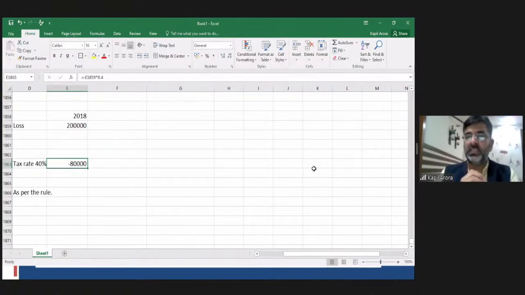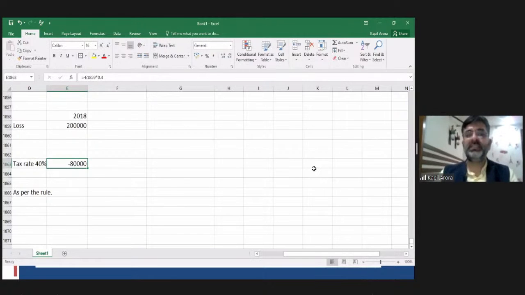Can the company go to the government to ask for this? Do you think that the government will pay 80,000 of the tax return? Will the government come back and say, you have made the loss, take this 80,000? No, the government will not do that.